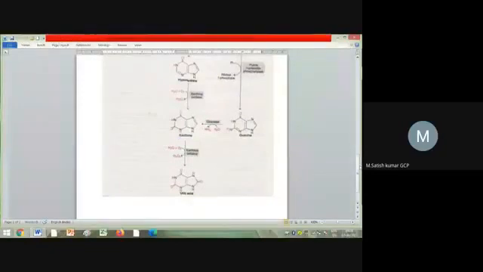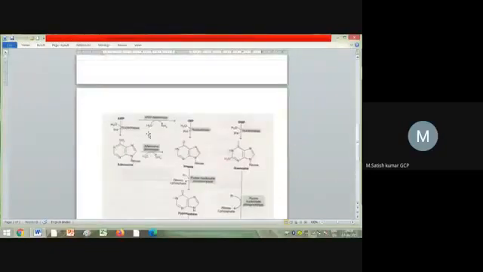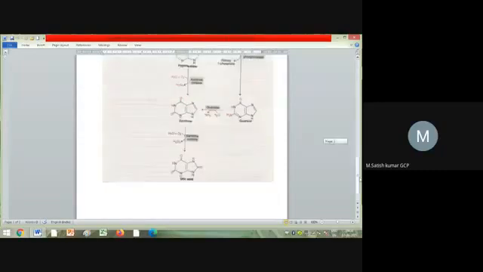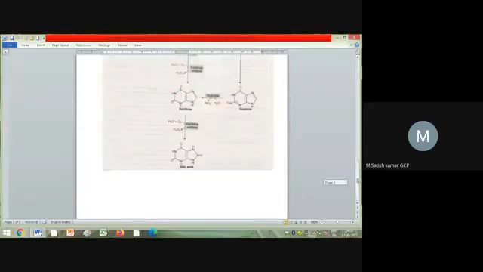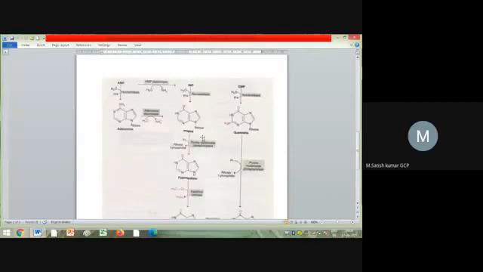Right? So this is the degradation of purine nucleotide. We have degraded this AMP, adenosine monophosphate, to form uric acid. This is the pathway. AMP also has another alternate way. Here we can see, first the amine group will be detached, and after that the phosphate molecule will be detached.